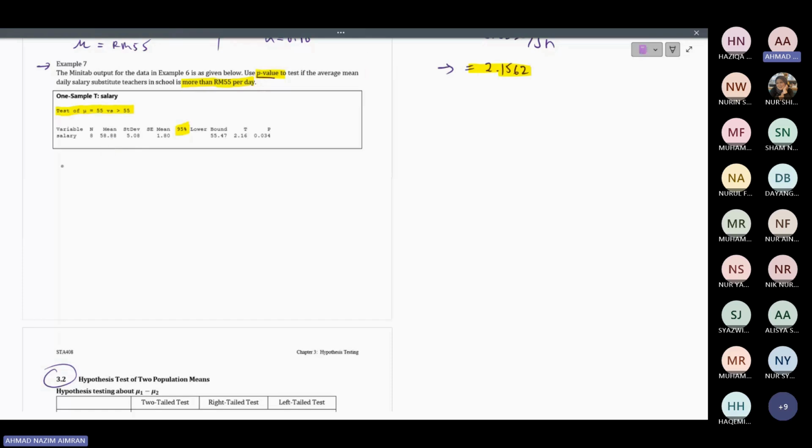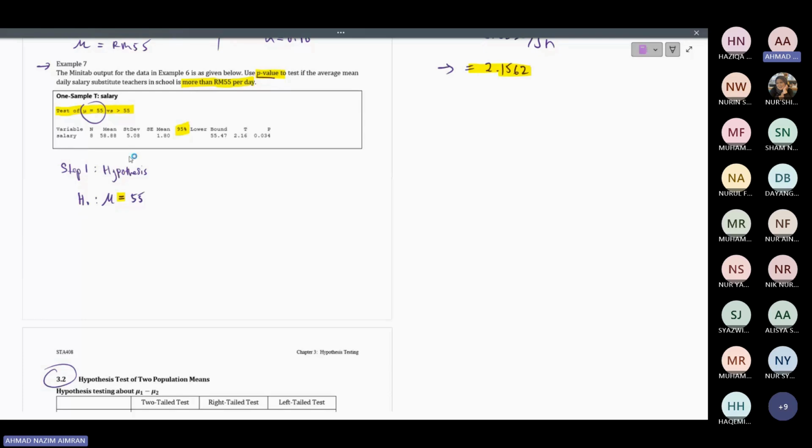So from there, you can come up with your hypothesis, which is our step 1, and from the output you can take mu equal to 55 as our null hypothesis. Remember, for the null hypothesis, to be safe, you just use the equal to symbol for all of the cases in chapter 3.